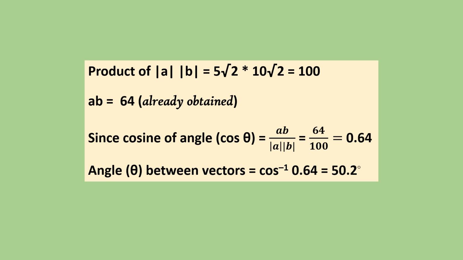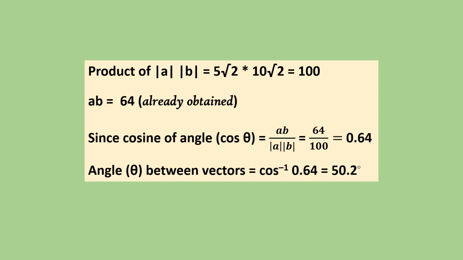The product of absolute magnitude of A into absolute magnitude of B was 100, and after multiplying vector A into vector B, the dot product, the value was 64.